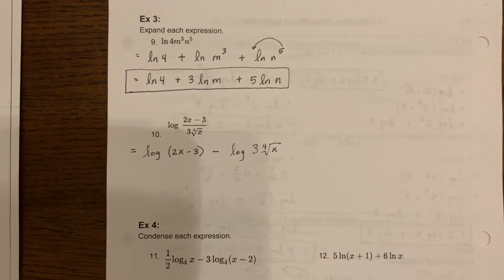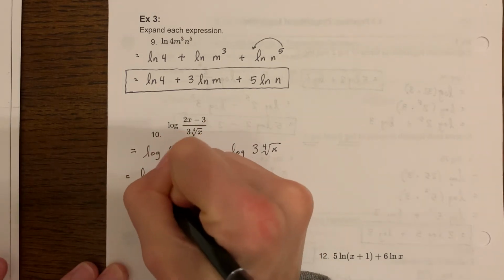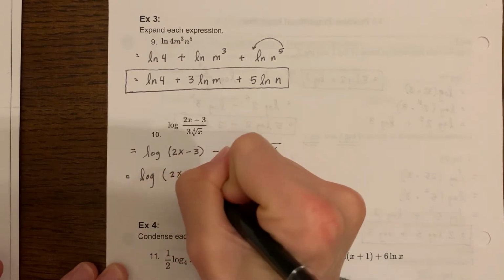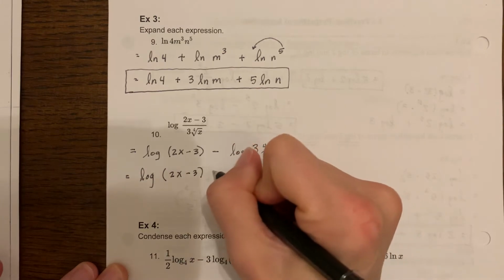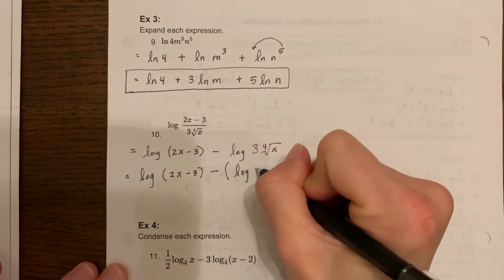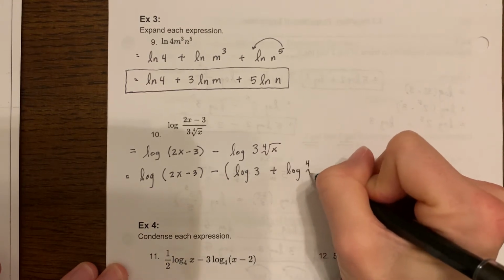Now, I can't change anything with log of 2x minus 3 because that is one expression. Now, with the log of 3 times the fourth root of x, I am multiplying 3 times the fourth root of x. So I'm going to expand that using the product property, separating the 3 and the fourth root of x with addition. So we have log of 3 plus log of the fourth root of x.